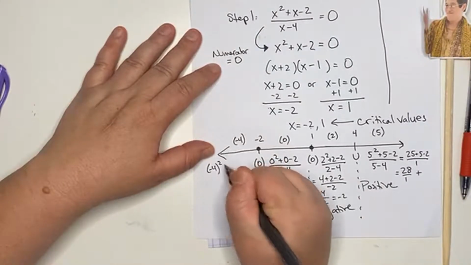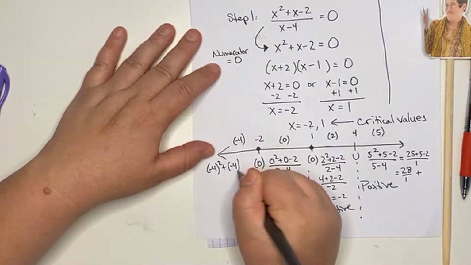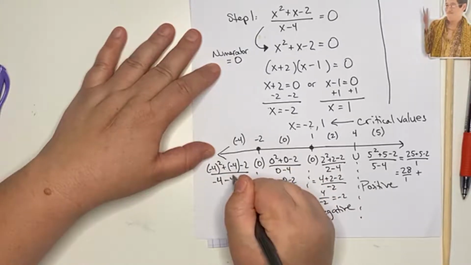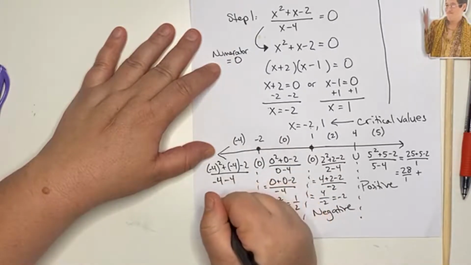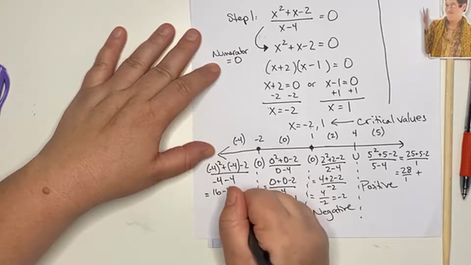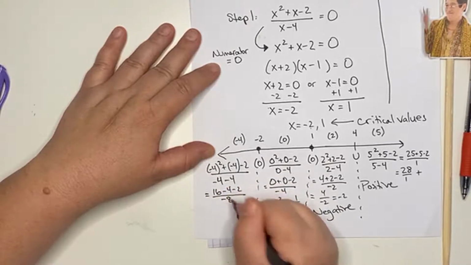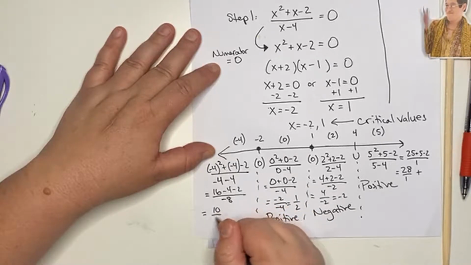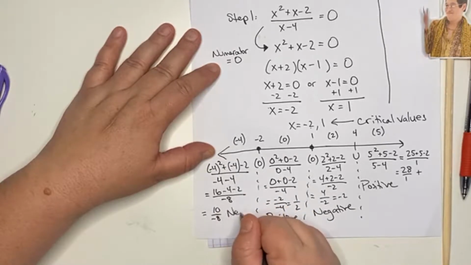Negative 4, the quantity squared, plus negative 4 minus 2 all over negative 4 minus 4. And that's going to be 16 minus 4 minus 2 all over -8. 12, 10 over -8. That's negative.